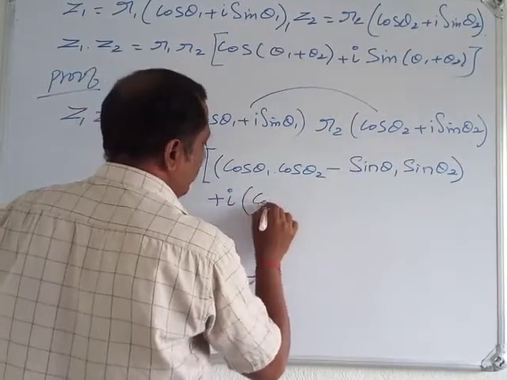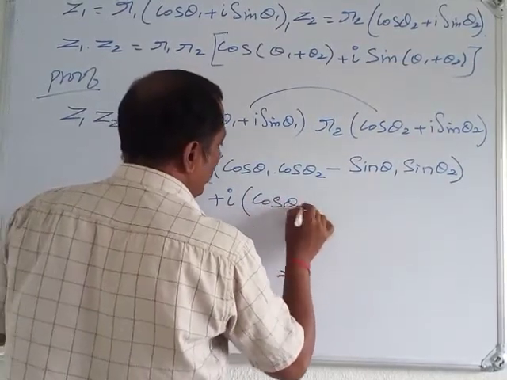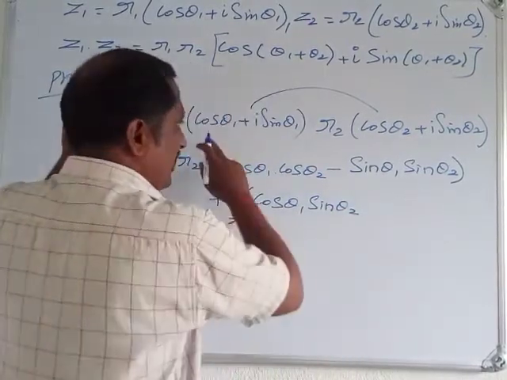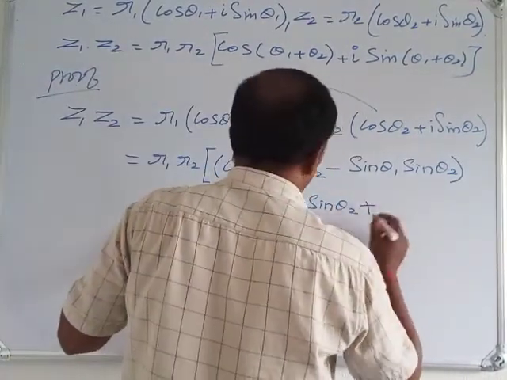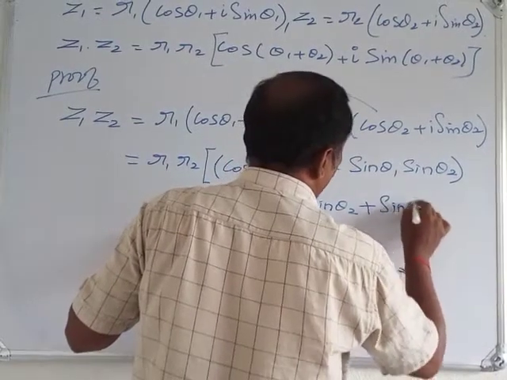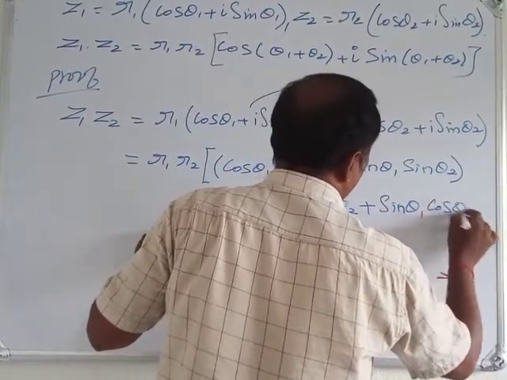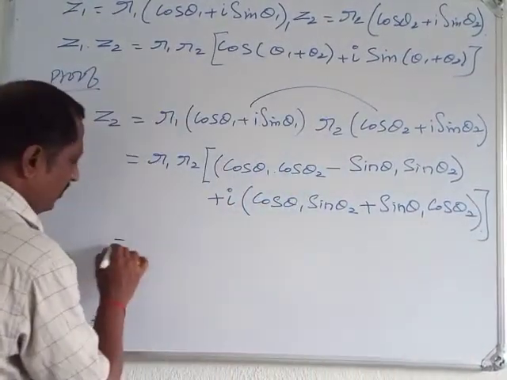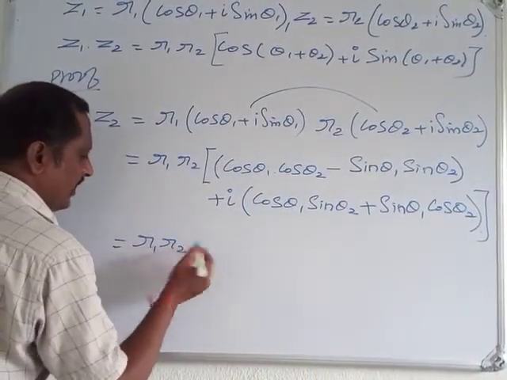So cos theta 1 sin theta 2 plus sin theta 1 cos theta 2. Right. So it is equal to r1 r2.